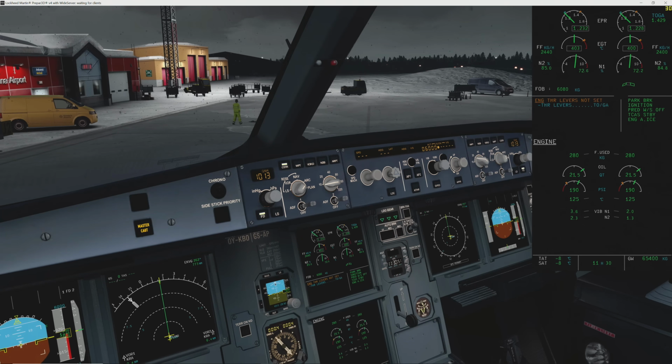Right, you do the run up for about 30 seconds and then put the thrust to idle again, and then the vibration levels should be back to normal. And we can see that here already the vibration levels are dropping slowly.